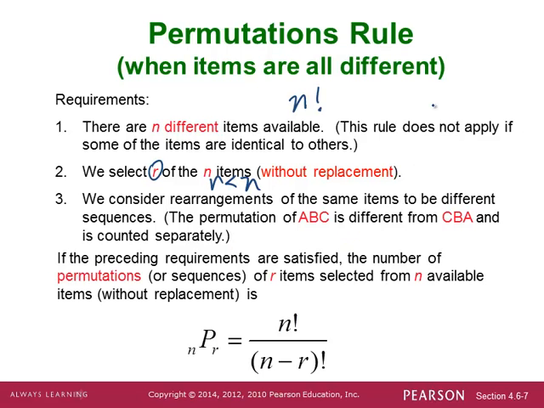So for example, if you have 10 potted plants, but you only have room on your shelf for 6 of them, so you will select and therefore arrange 6 out of the 10, for example, without replacement, which means that when we select an item, we don't put it back, we put it on the shelf.